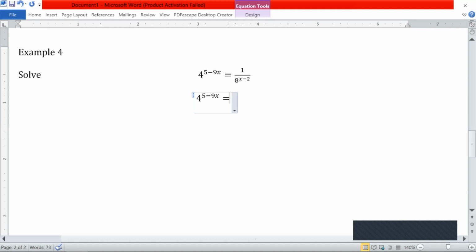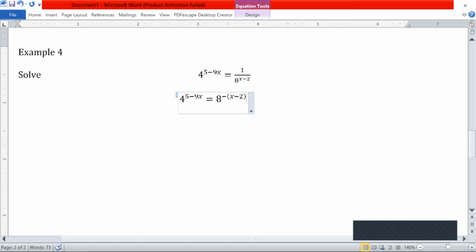If I bring it to the top, the sign of the power is going to change. So 8 to the power of minus x minus 2, so minus x plus 2. Okay, so the sign of the index changes to minus.